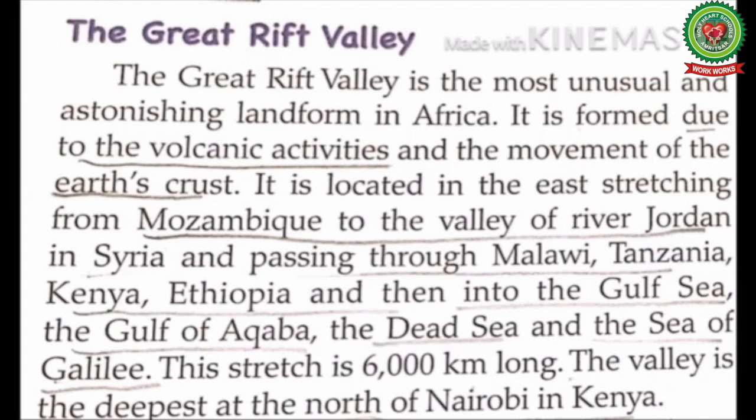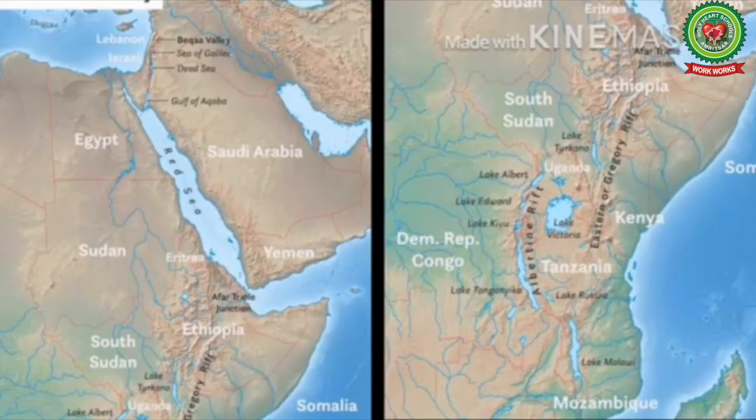It is located in the east, stretching from Mozambique to the valley of river Jordan in Syria and passing through Malawi, Tanzania, Kenya, Ethiopia, and then into the Gulf of Aqaba, the Dead Sea, and the Sea of Galilee. This stretches 6,000 km long. The valley is the deepest at the north of Nairobi in Kenya.